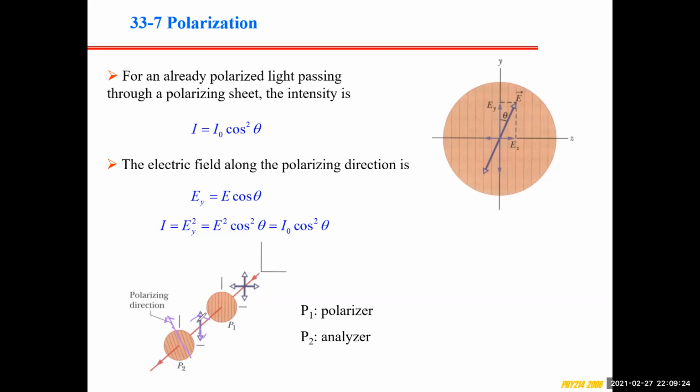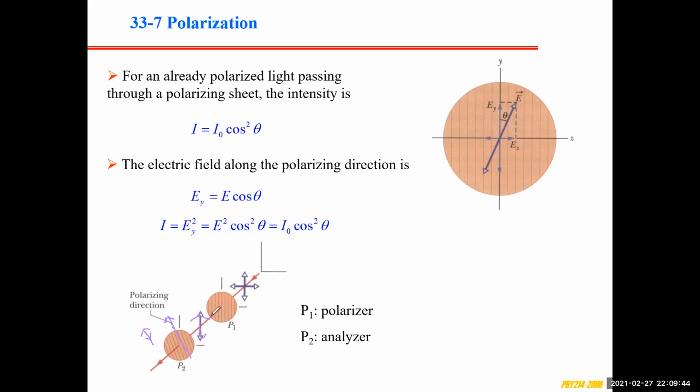Once the polarized light passes through the second polarizer, the only oscillation of electric field that will remain is the electric field that oscillates in the same direction as the second polarizer. That's basically what the polarizing axis does.